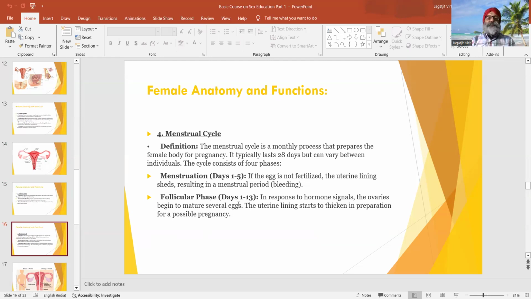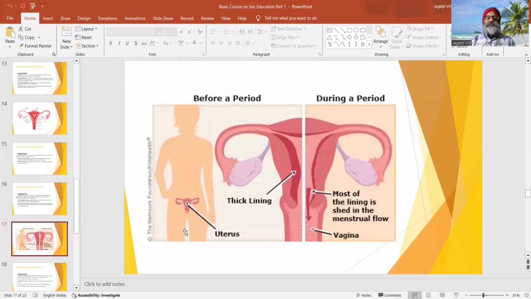Follicular phase, days 1 to 13. In response to hormone signals, the ovaries begin to mature several eggs in the ovary. The uterine lining starts to thicken, endometrium, in preparation for a possible pregnancy. And then this is that. This is before a period.